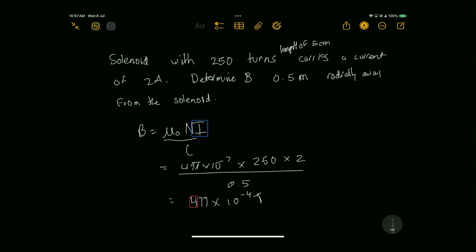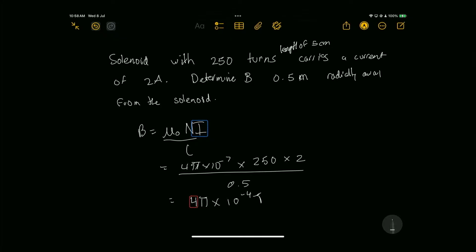So the electromagnet gains its full strength very quickly, and it can also be demagnetized very quickly. So the electromagnet turns off very quickly, right? So that's why we use a soft ferromagnetic core.